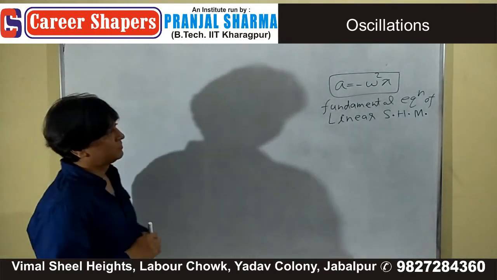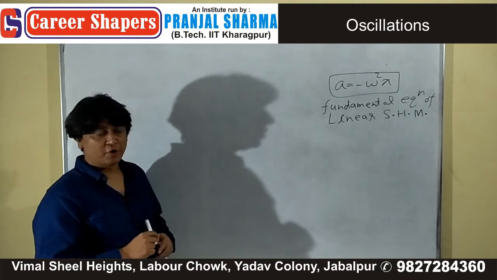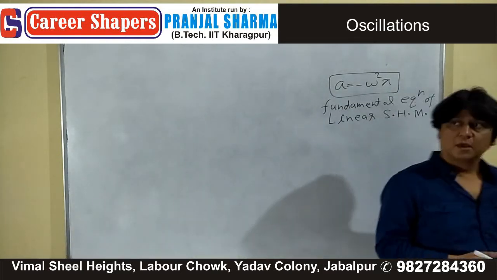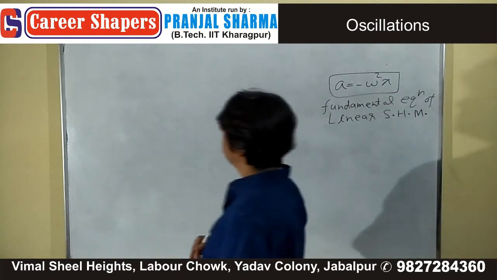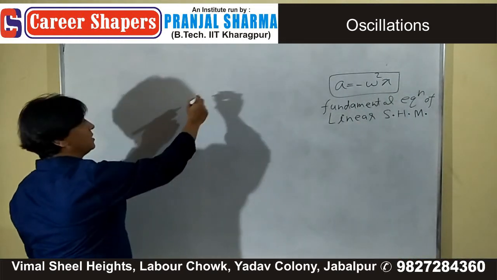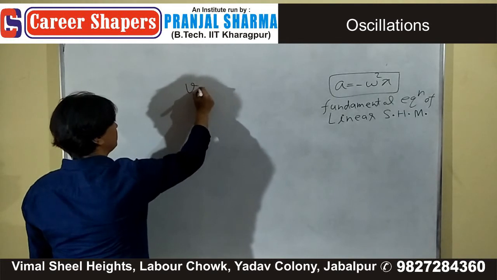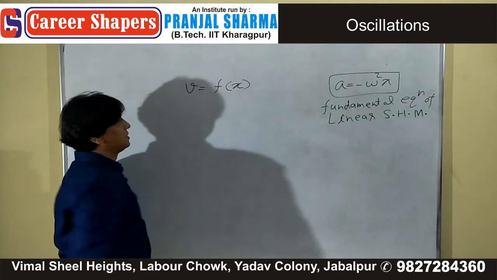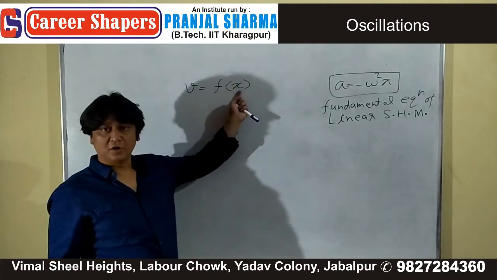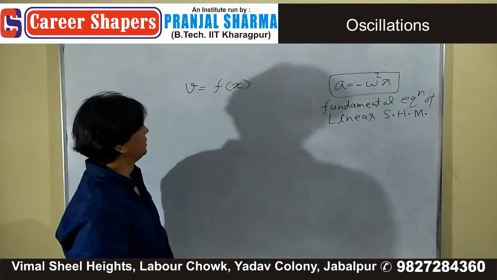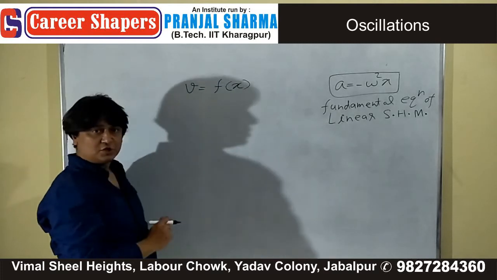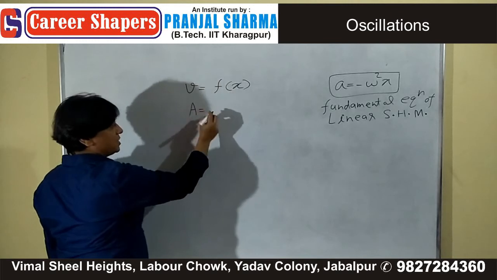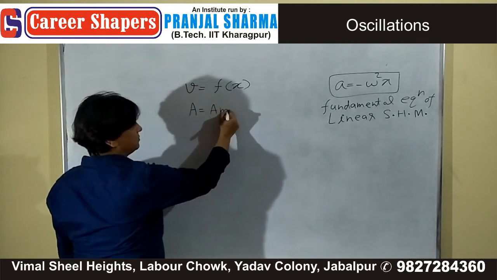Write down the heading. Velocity of an object undergoing SHM as a function of x. And for this, we will define A. A is called amplitude.